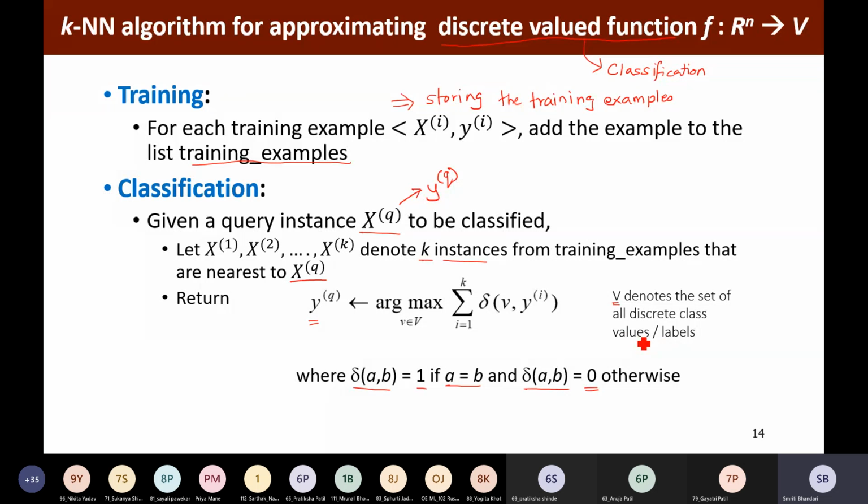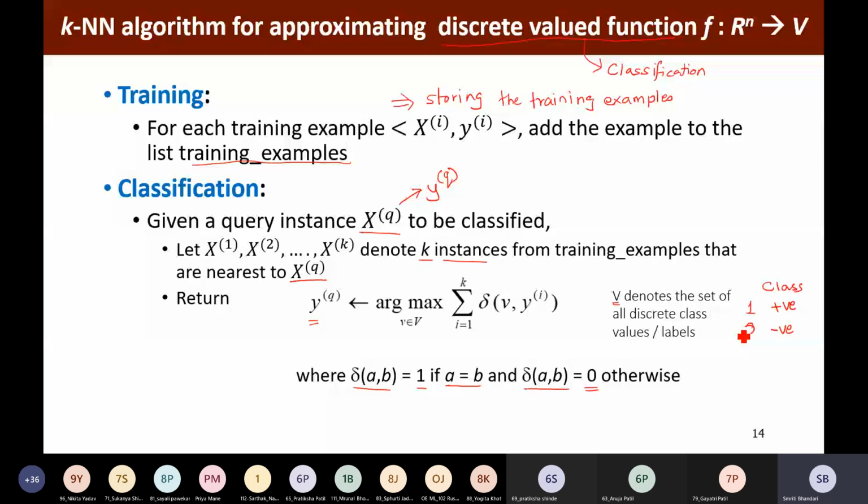For example, in the problem under consideration the class labels are positive and negative. So how many classes? Two classes, positive and negative. Let us assume that positive class is 1 and negative class is 0.